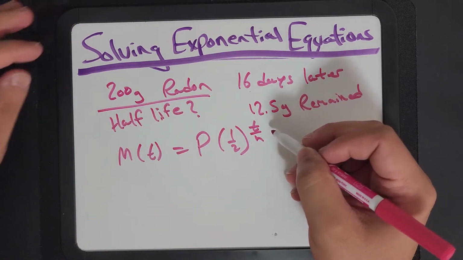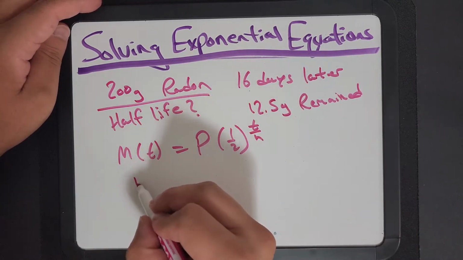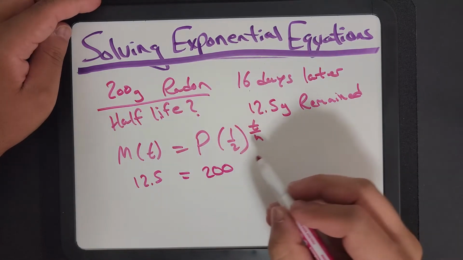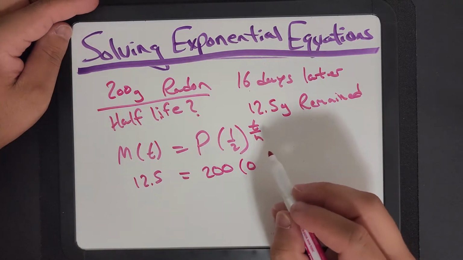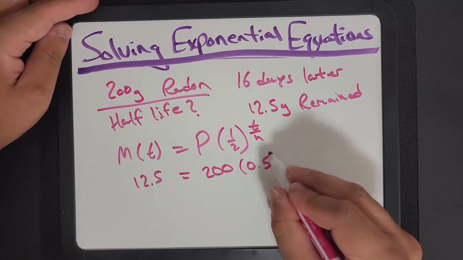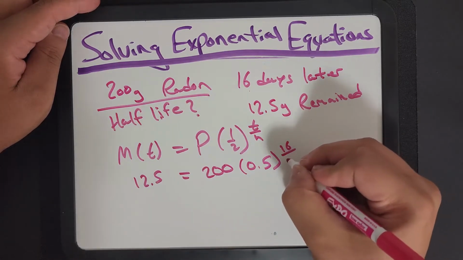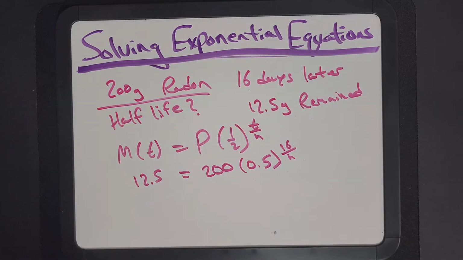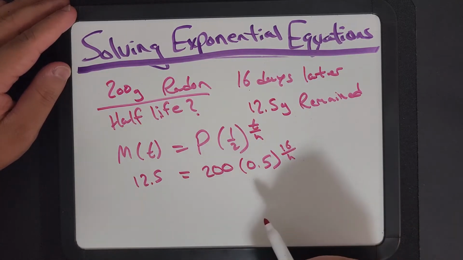So let's plug in what we have. M of t is what remains. We started with 200 grams, and we're left with, I'm going to write this as 0.5 instead. And we know that 16 days has passed, and h is what we're trying to find, the half-life. So let's start solving for h.